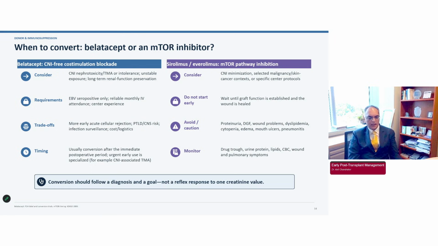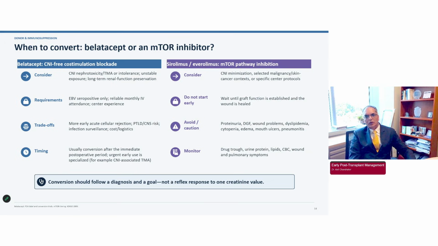If it's a marginal kidney or there's concern that tacrolimus exposure in itself will be an increased risk to that individual. The requirement is the patient has to be EBV seropositive in order to be a candidate, and they have to have adherence and understand that they will need to go and get IV infusions every month.